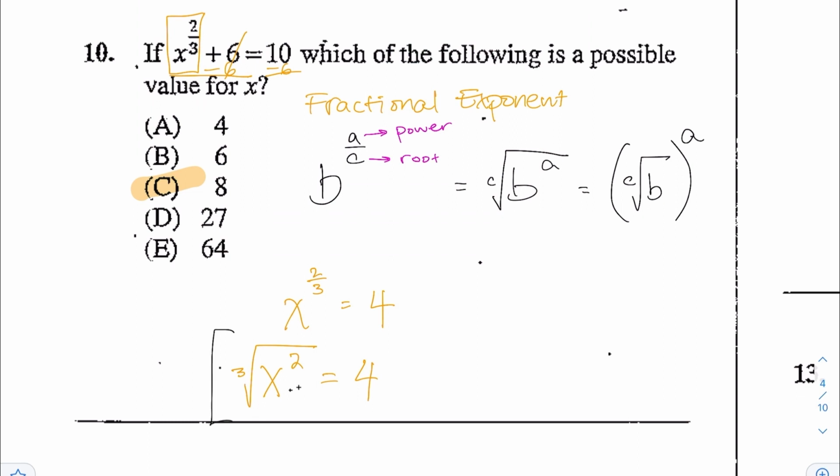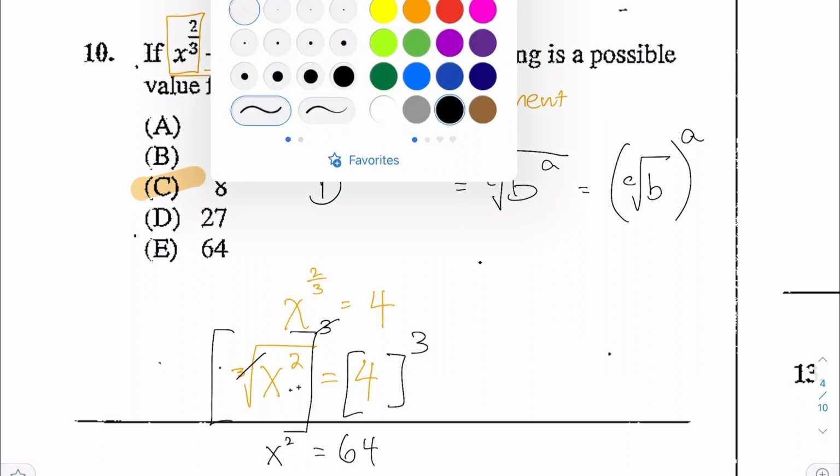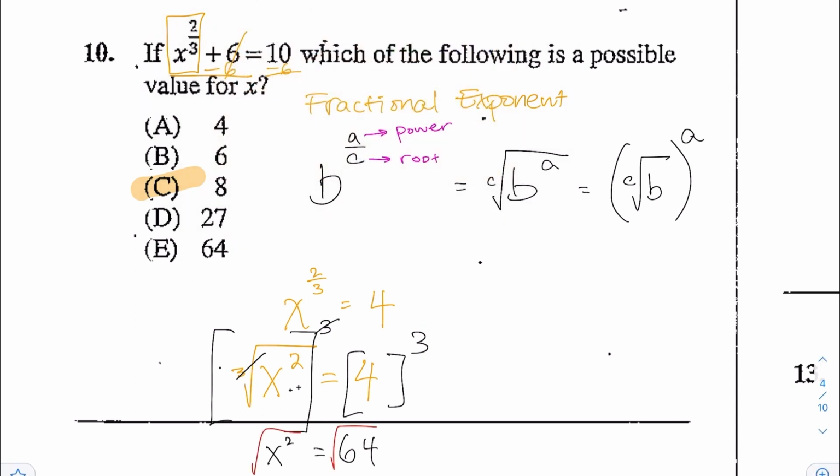The opposite of the cube root is really a power of 3. So if you raise both sides to the power of 3, you'll have x squared left on the left side. On the right side, you have 4 cubed, which is 64. And from here, you can do square root on both sides. That's the opposite of the power of 2. And you get x is equal to positive or negative 8. And you see choice C is here. But x could also be negative.